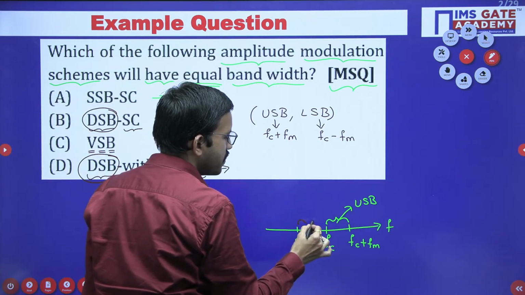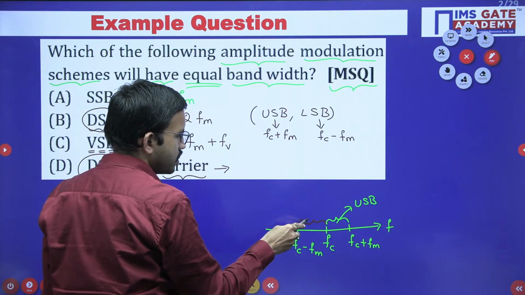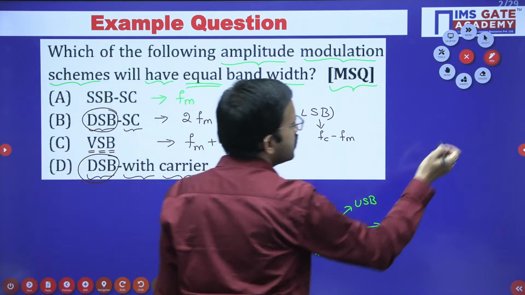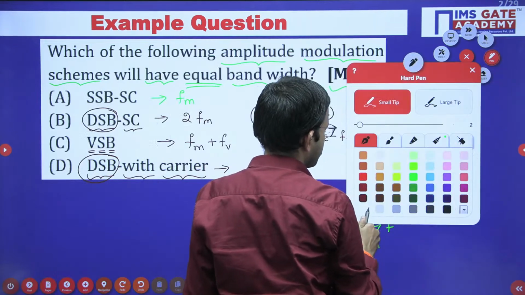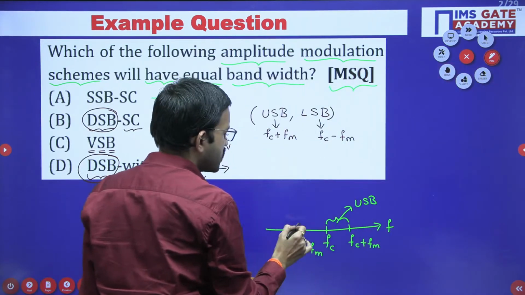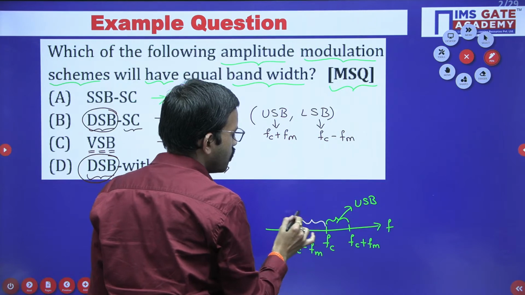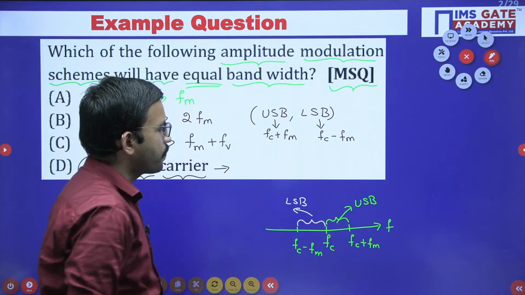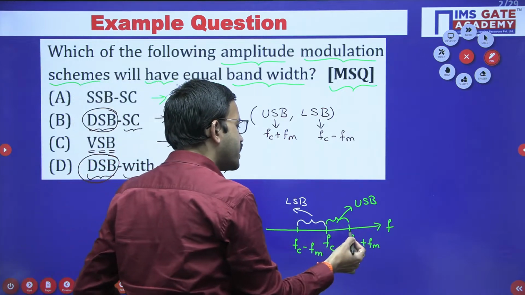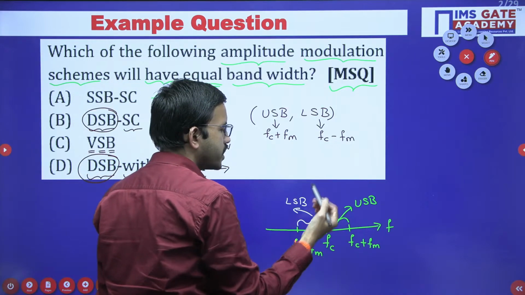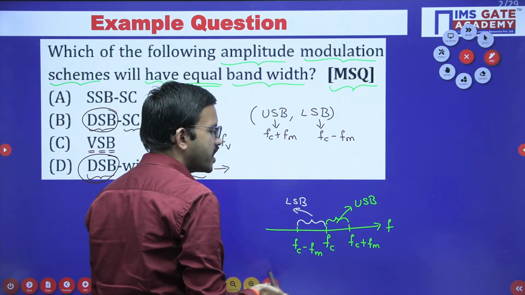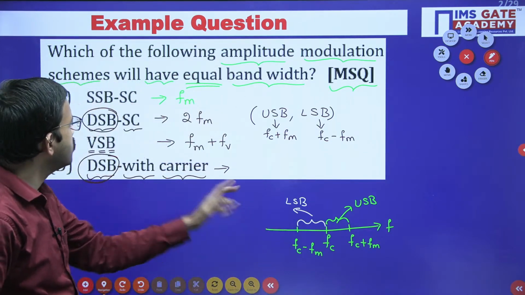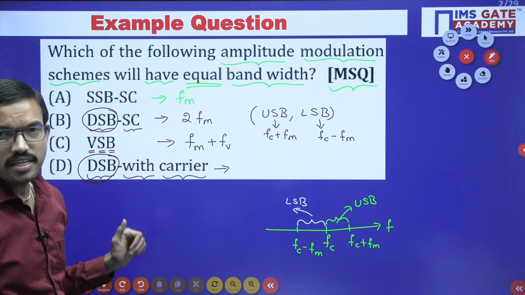And from FC minus FM to FC, we have the lower sideband. When you draw the spectrum, at FC plus FM you are getting the strength, and similarly at FC minus FM we are getting the strength, whereas at FC we are not getting any strength. Then that one we will call double sideband suppressed carrier.